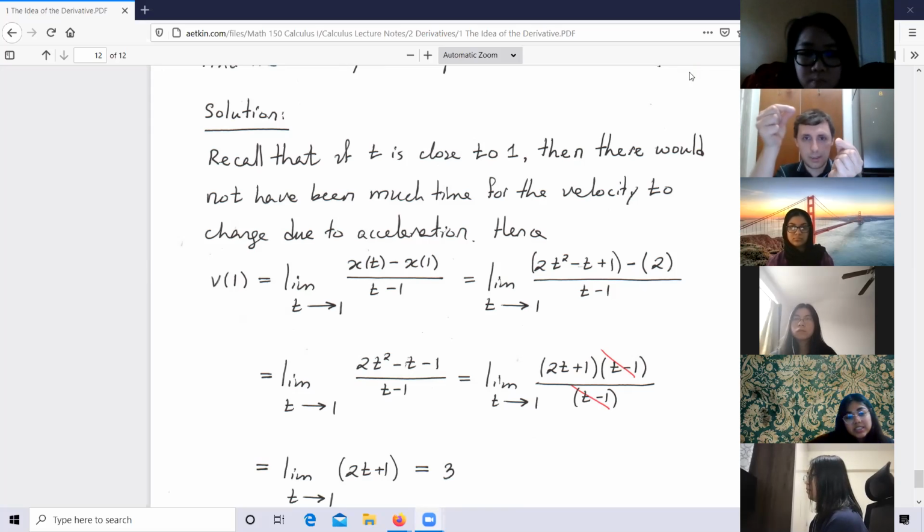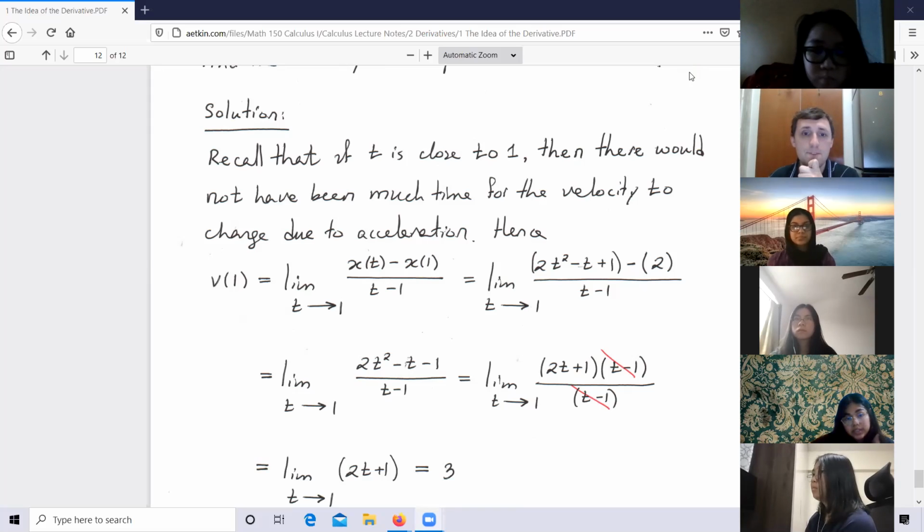It's not a tangent line. It's not like I want the points to be close together, right? I just want the velocity. Why do I push t towards 1? Simple question, guys. Why?